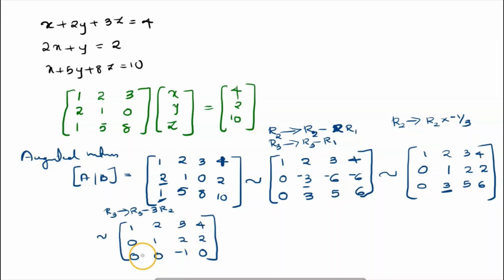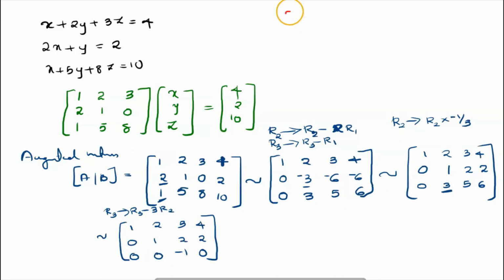This is enough to determine the solution. For more precise, you can reduce this augmented matrix to RREF. And just using this matrix, I'm solving this system as matrix. What we get? This is for x, this is for y, this is for z.